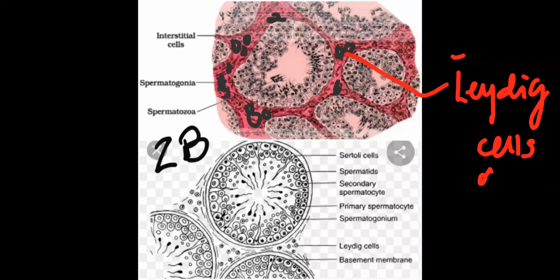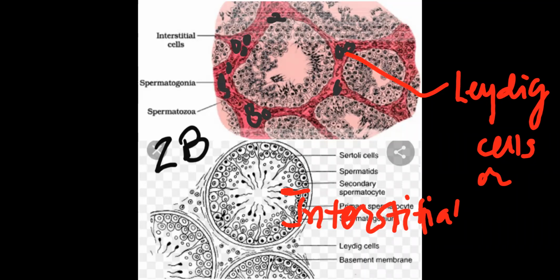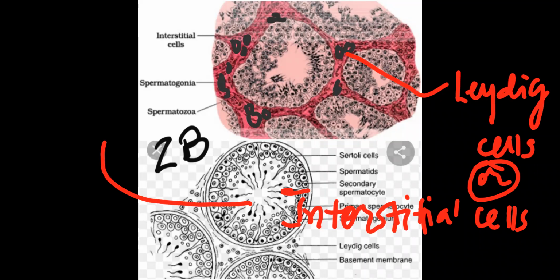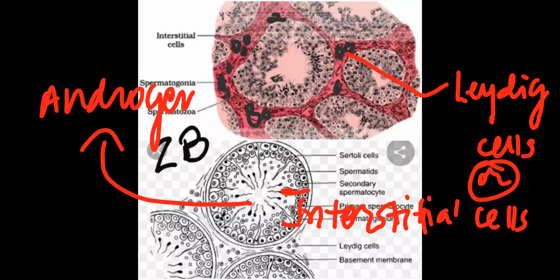These are also identified as interstitial cells. Leydig cells or interstitial cells are the endocrine structures. They are the ones which produce male sex hormones, which are known as androgens.